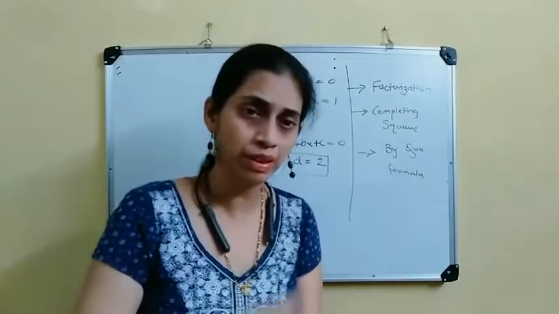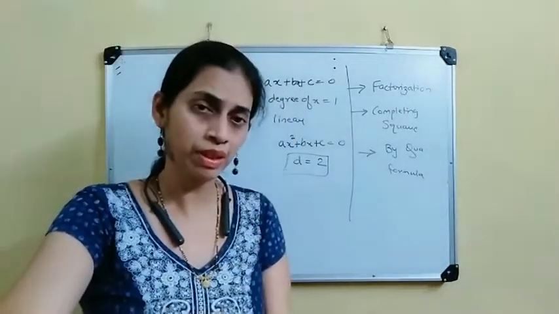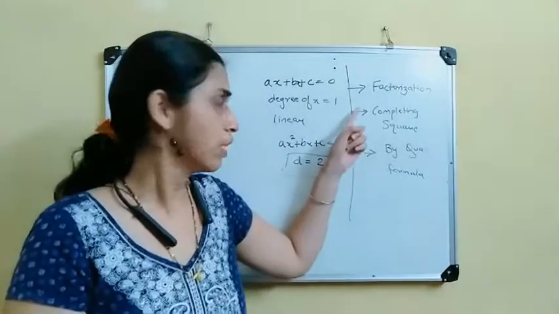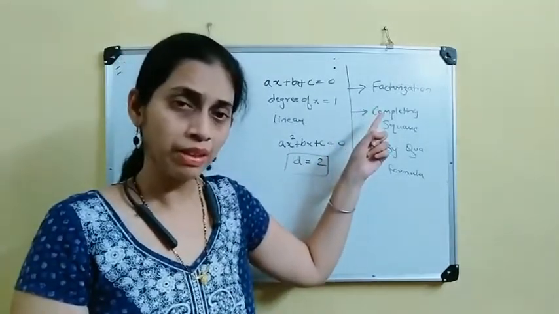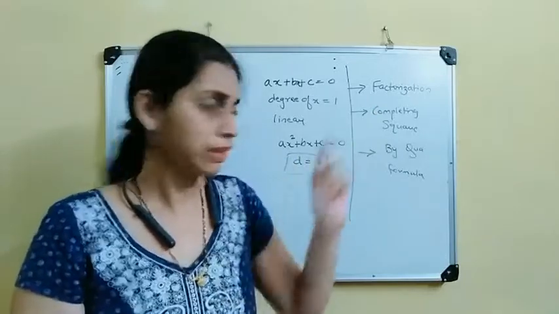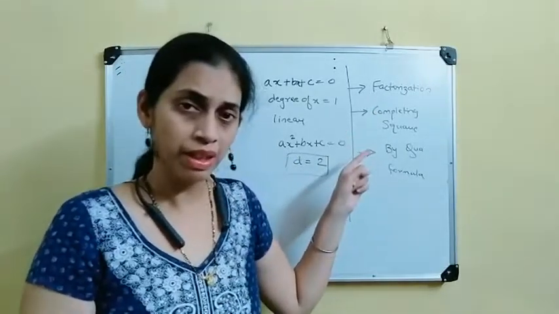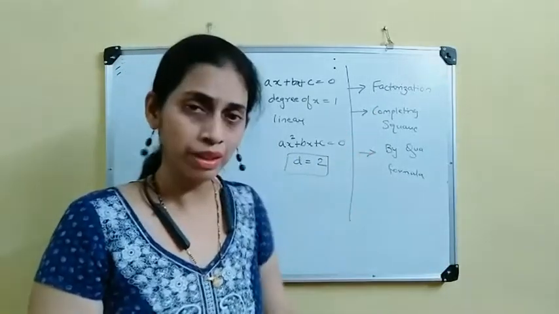Correct? These are the three basic methods of solving a quadratic equation. The very first is factorization, wherein you split the middle term. Second is completing the square, and third is the quadratic formula.